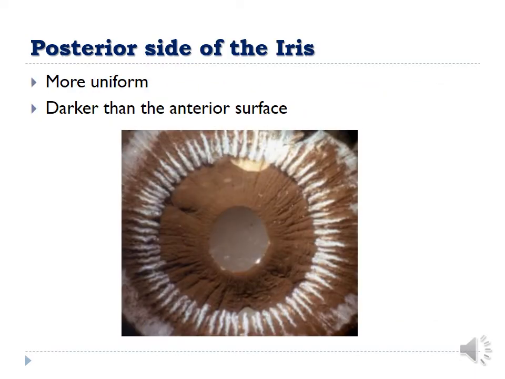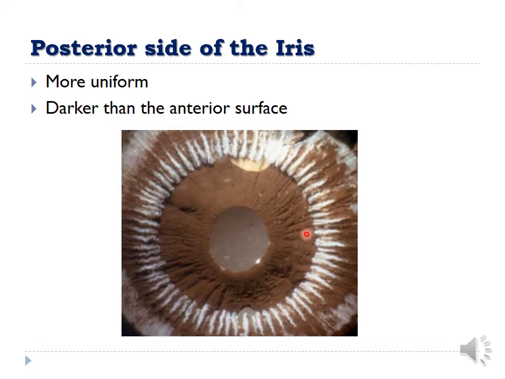In the previous slide we saw the appearance of the anterior part of the iris. It is much more beautiful, but this is how the iris looks when we look from the posterior side. When I say posterior side, you have to sit on the crystalline lens surface and look forward. On the posterior side the color is different.